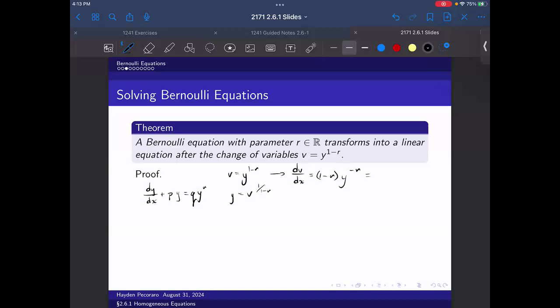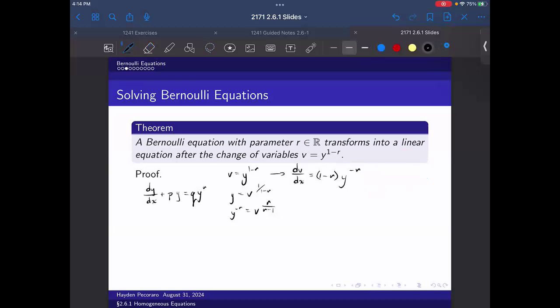Okay, so if we put that in here, we have 1 minus r, y to the minus r. We can do that over here, actually. It's v to the r over r minus 1. So that's what I want to put over there. We have dv/dx in terms of this thing, and then, oh, I forgot a term. Sorry about that.